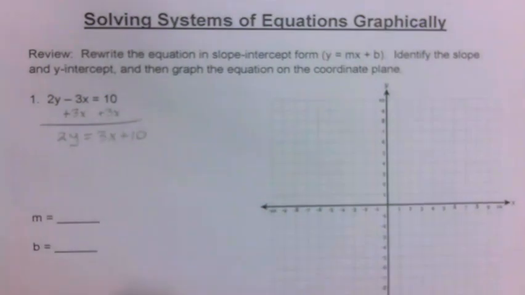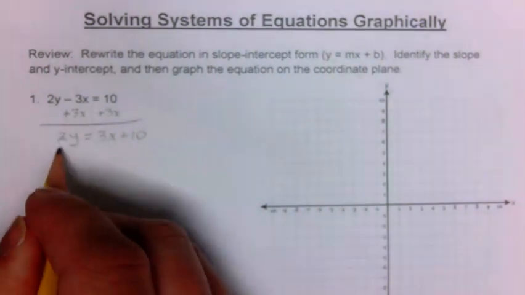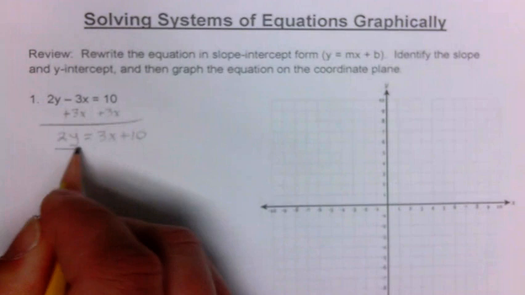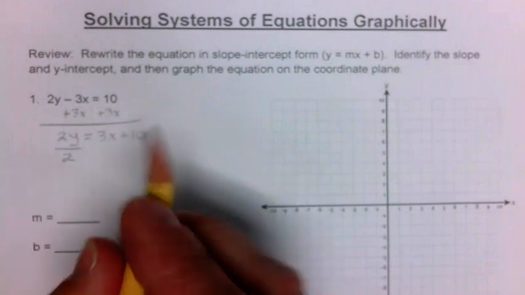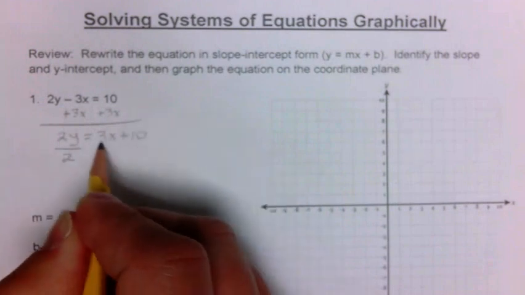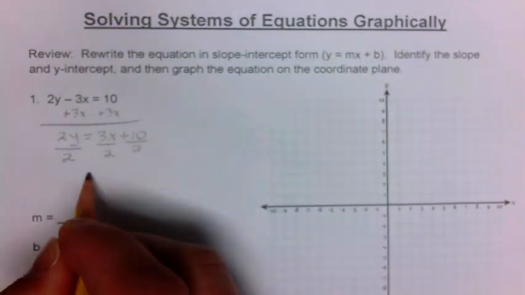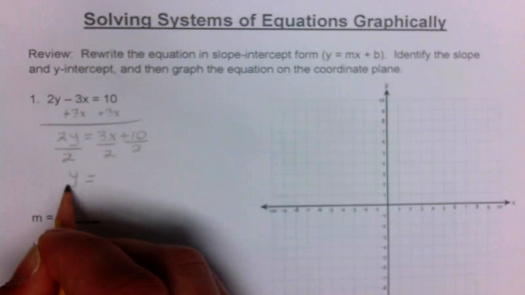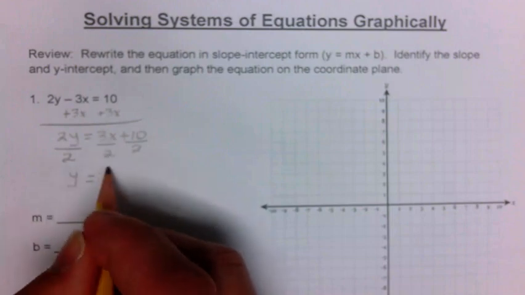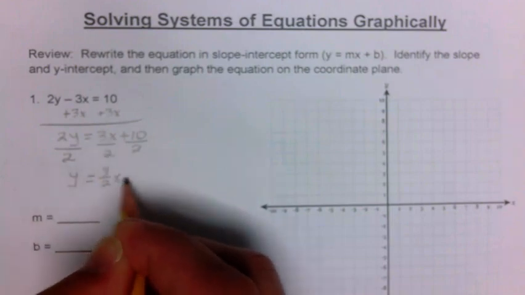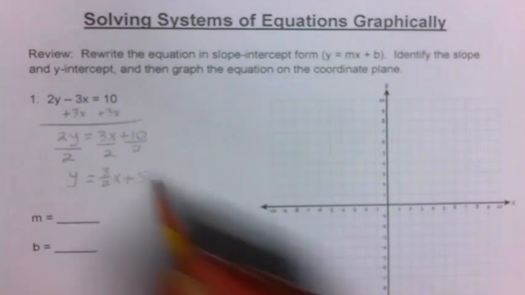All right, the next thing that we have to do to isolate y is divide each side by 2. So on the left, I'm going to divide by 2, and on the right, I have to divide everything by 2. So that's going to make our equation say y equals 3 halves x plus 10 divided by 2 is 5.